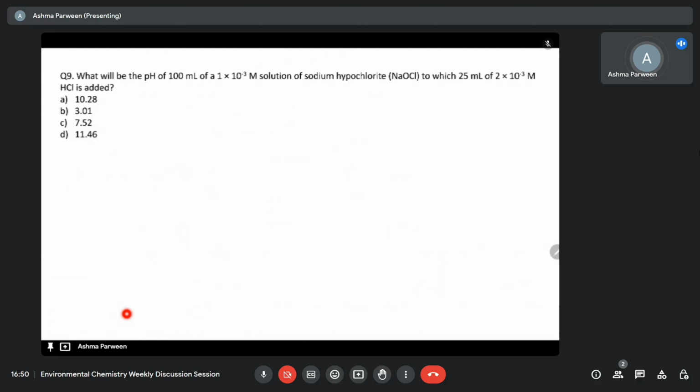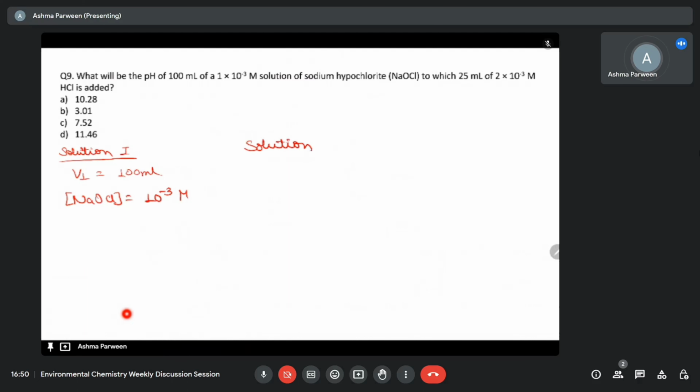So here it is given that, let's name solution 1. In solution 1, we have been given the volume as 100 ml, and in that solution we have NaOCl concentration as 10 raised to minus 3 m.